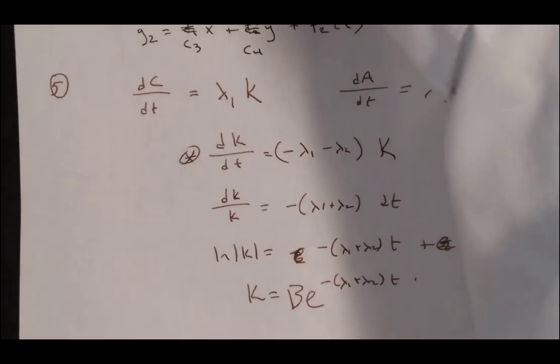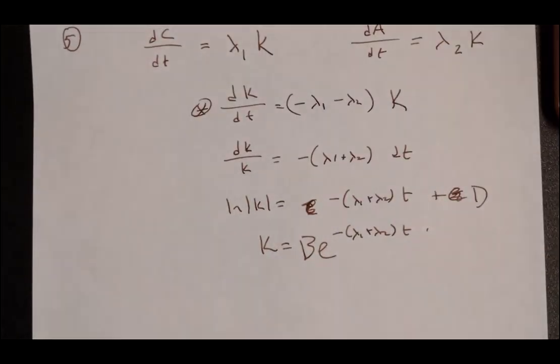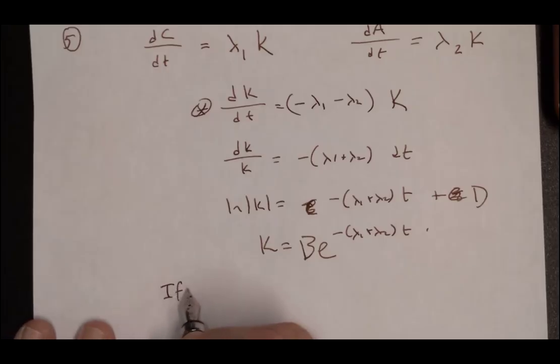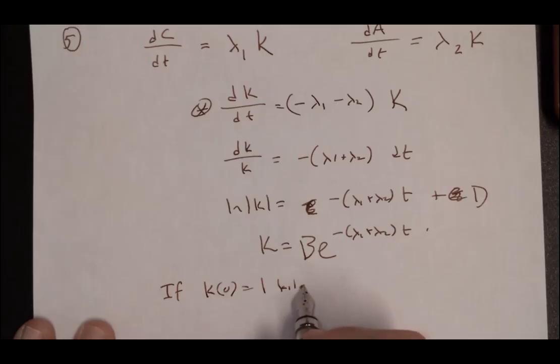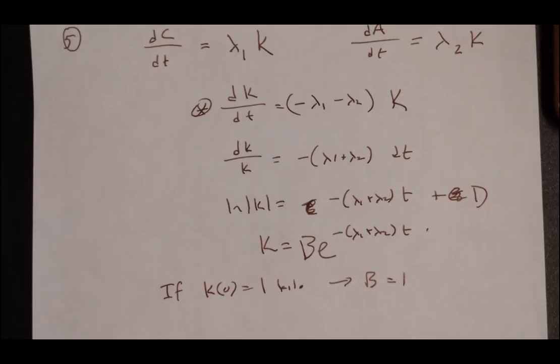If I knew I was starting with 1 kilogram, then I would know the value of B, wouldn't I? Right? Because I'd put in T equals 0, I'd get e to the 0.